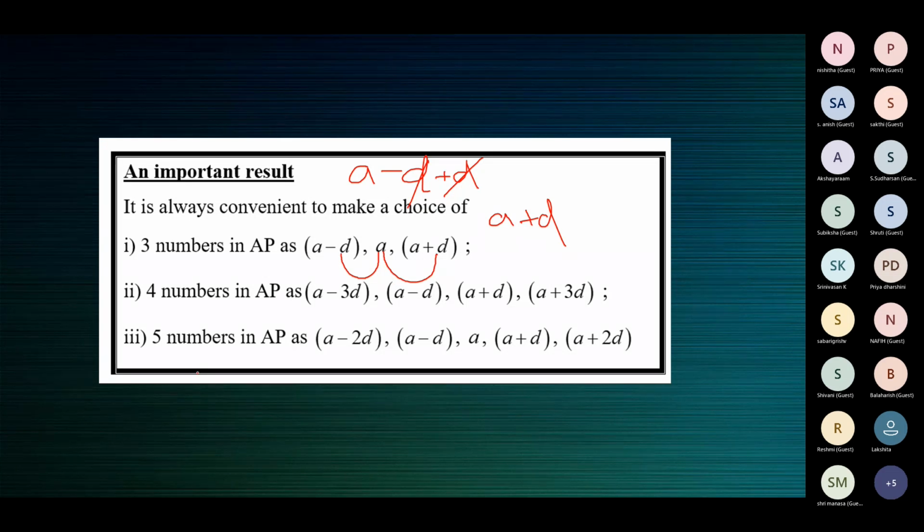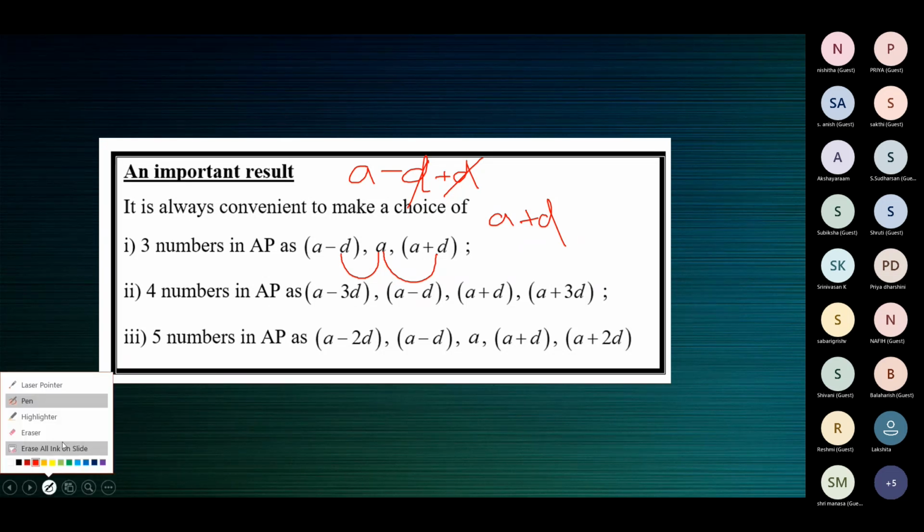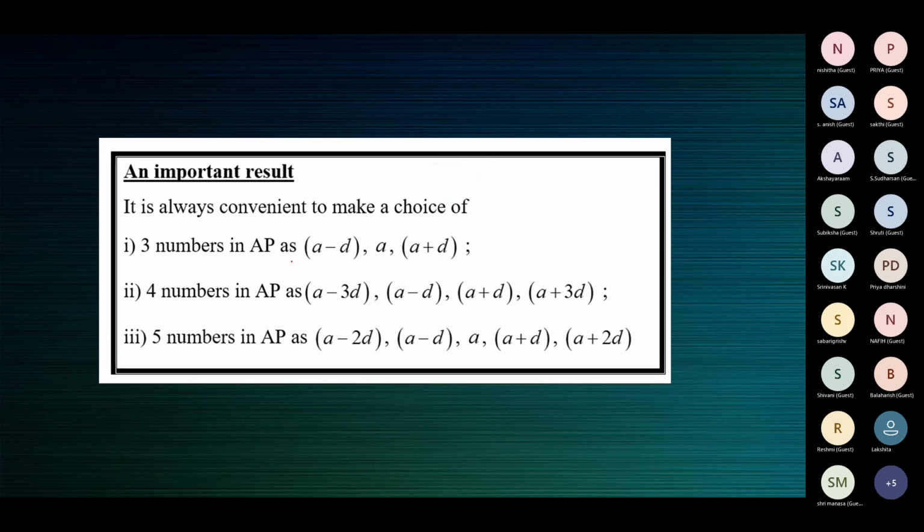So now, how do you know that these 3 numbers form an AP? Let me write here, A is a term, and its preceding term is A minus D. We are checking with the definition.